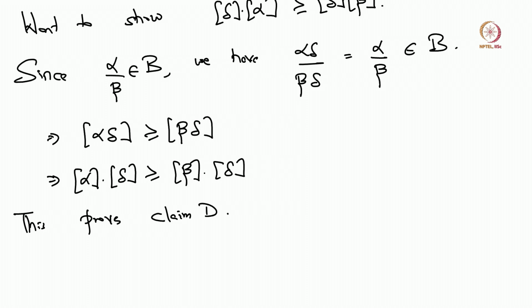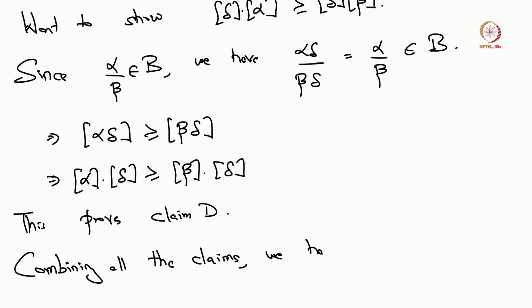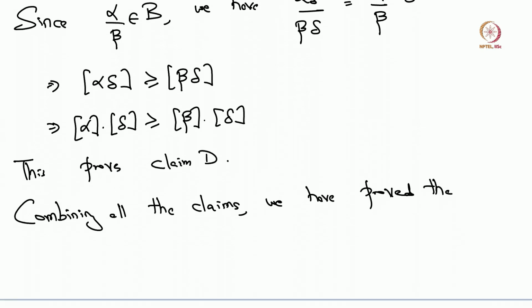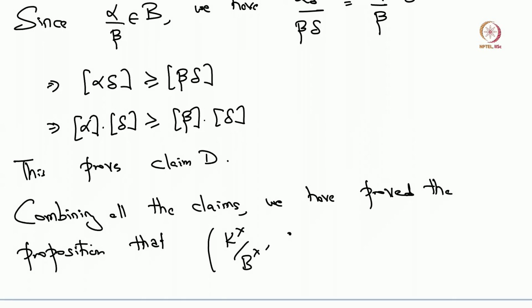And combining all these claims, what we've shown is we've proved the proposition that K cross mod B cross with its group operation induced by field multiplication on K with this ordering that we've just defined is a totally ordered abelian group.